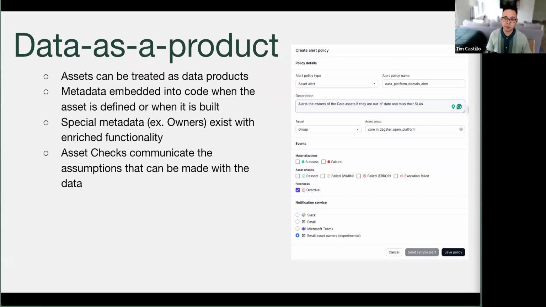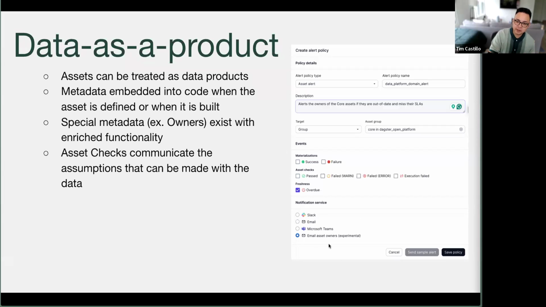There are also specific properties that Dagster can take advantage of, such as a dedicated owners property that will let you say who is responsible for this asset. And as a data producer, you can even send alerts to yourself if any of the assets you own are failing or going out of date, as you can see from this screenshot over here.